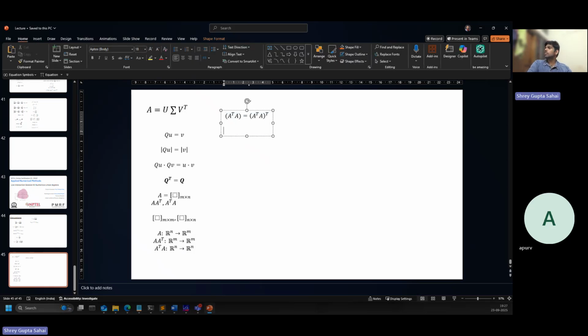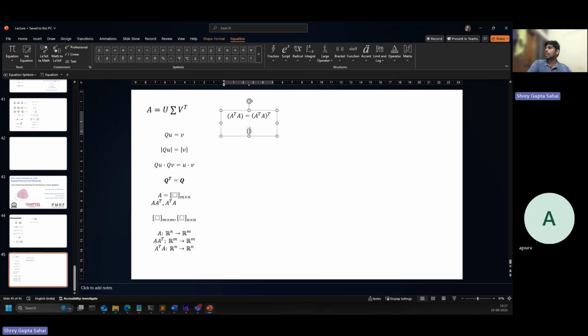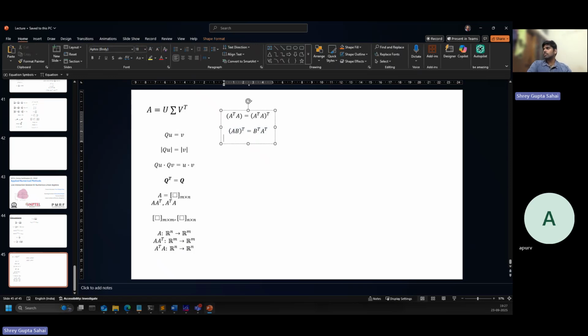Okay, so Apurv, you know what is the formula for A B to the power T? Yes, sir. B transpose A transpose. Yes. So if you just quickly apply that even there in the top, you will quickly see that this matrix is a... wait, I mentioned this incorrectly.